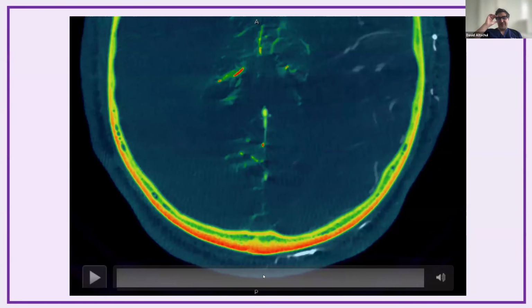Well, I think we can all agree that it needs to be fixed somehow, given its ruptured state. And I guess the question is whether this is a PL AVM with dural supply or a true AVM with dural supply. Does it make a difference in how you're going to treat it?